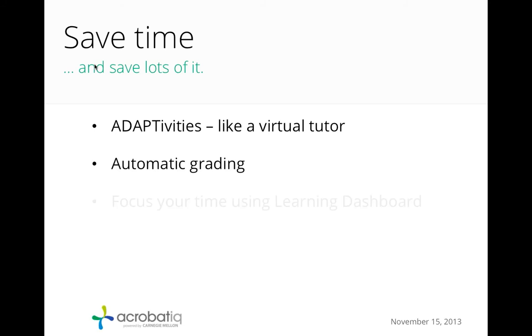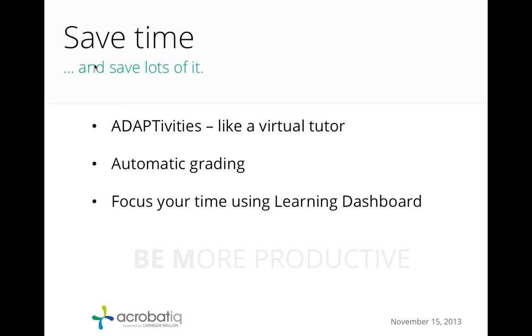Automatic grading speaks for itself. And when you take a look at the snapshots in the learning dashboard, what that affords you is the ability to know where the students are failing and where they are succeeding. So that, for instance, if you're going to spend week 3 talking about 6 different concepts, you can take a look at the learning dashboard, find where they are struggling, and start honing in right on the places where they have the most difficulty.